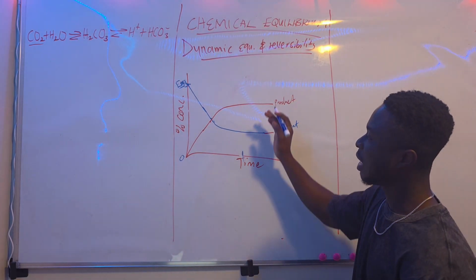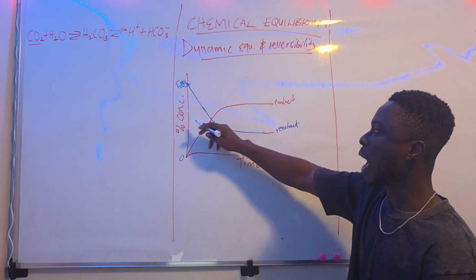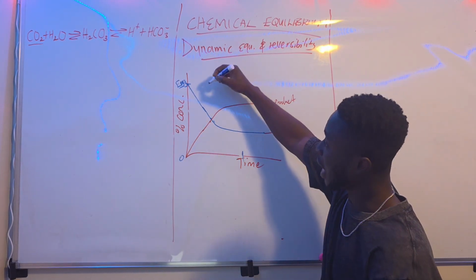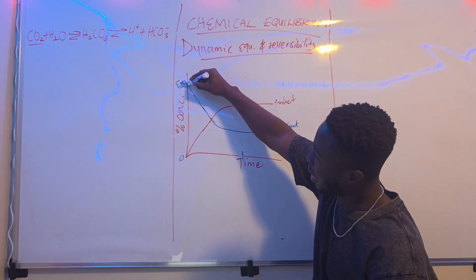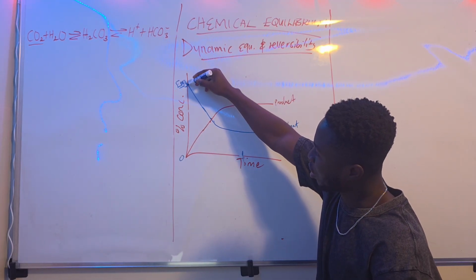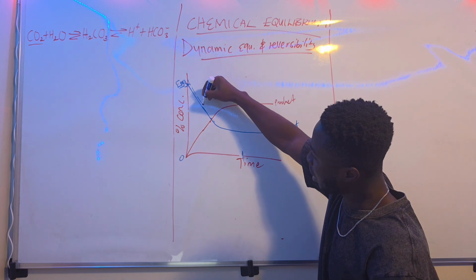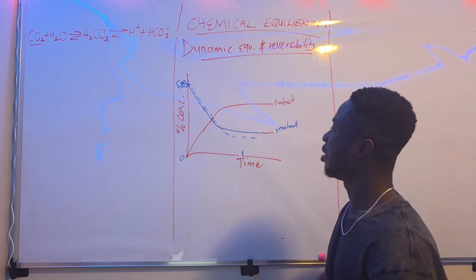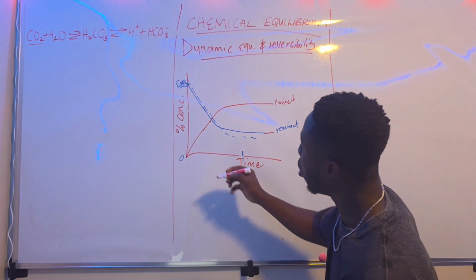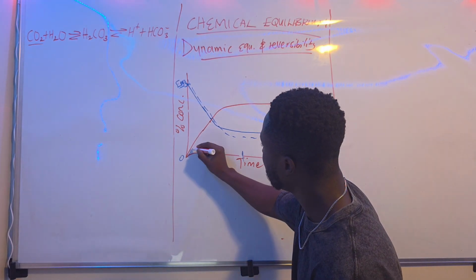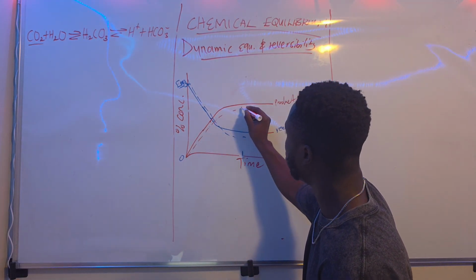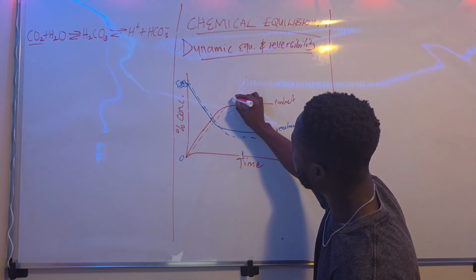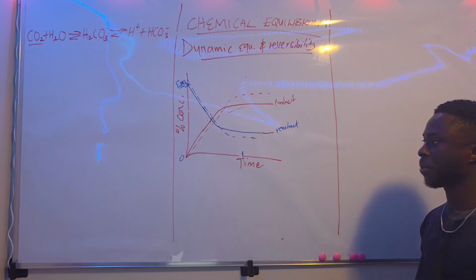It means that with this dynamic equilibrium, if I add more reactants to this system, like I increase the concentration of reactants in this system over here, the equilibrium is also going to shift so that I'll produce more product in this system too, more product. So it's going to go all the way up and then plateau over there.